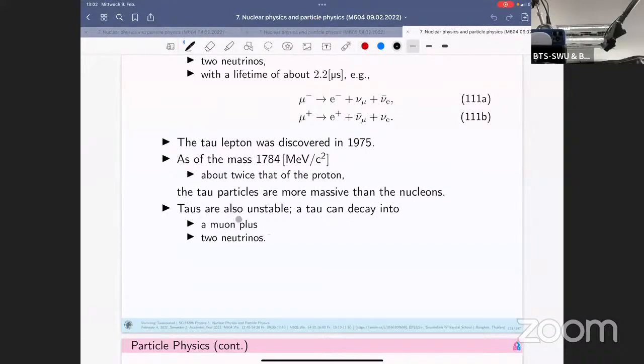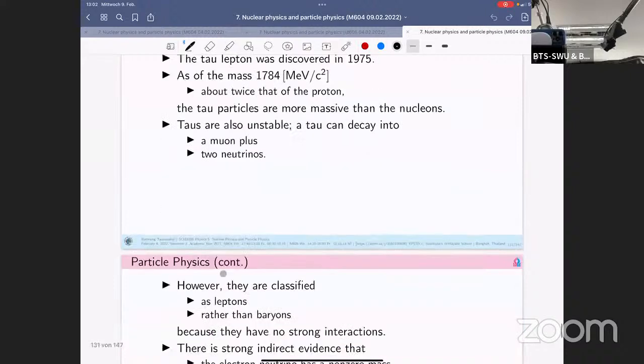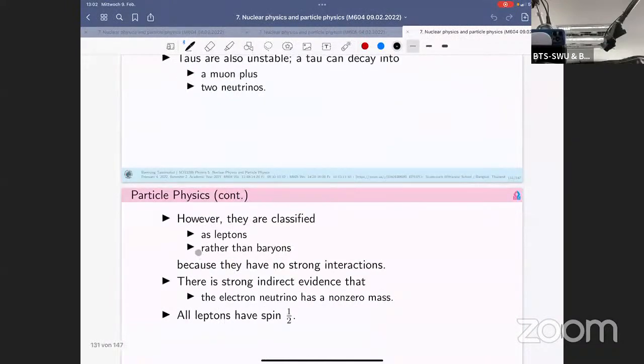Taus are also unstable. Tau will decay into a muon plus 2 neutrinos, and later the muon will decay into an electron. However, the tau leptons, whether tau or anti-tau, are classified as leptons rather than baryons or hadrons, because they have no strong interaction. They are involved with only the weak interaction.